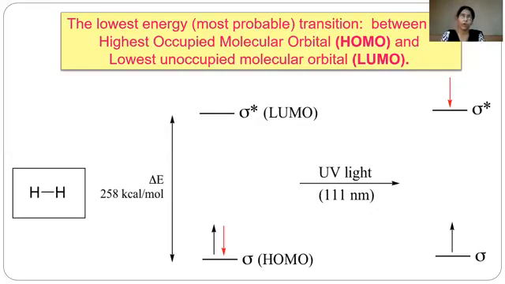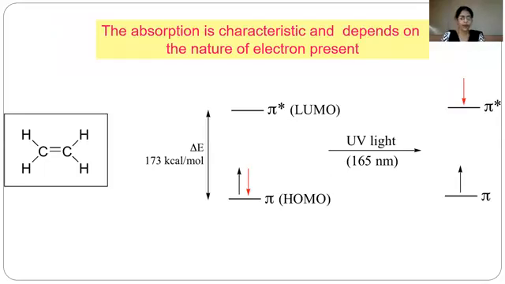The most probable transition is always from HOMO to LUMO, from highest occupied molecular orbital to lowest unoccupied molecular orbital. We can explain this by another example, ethylene.